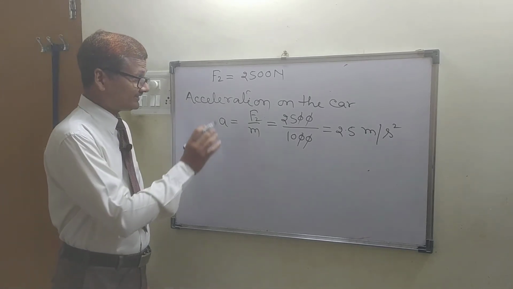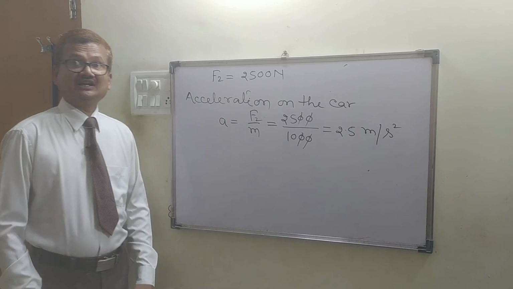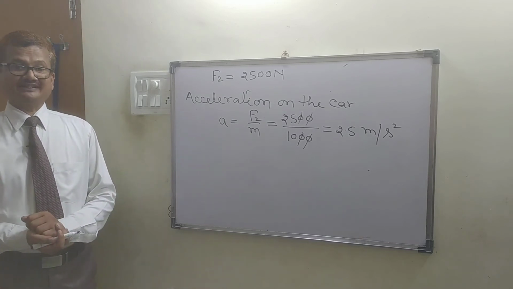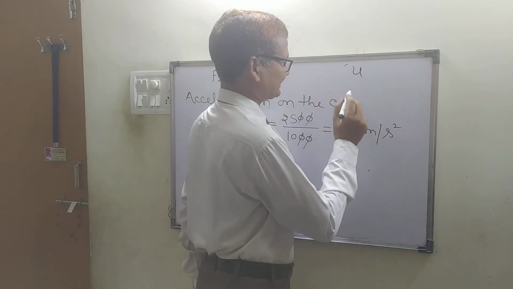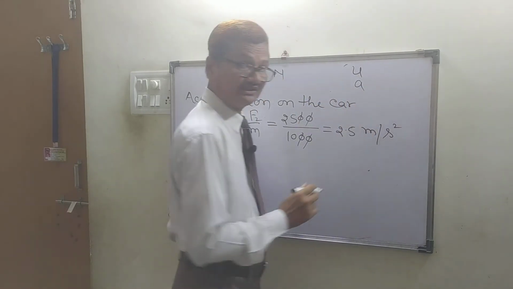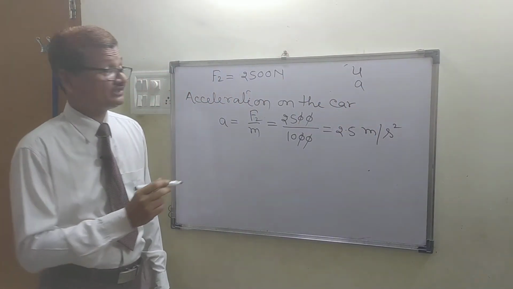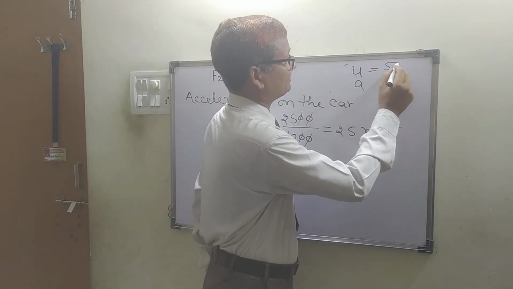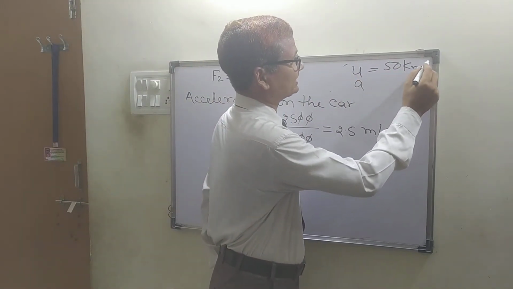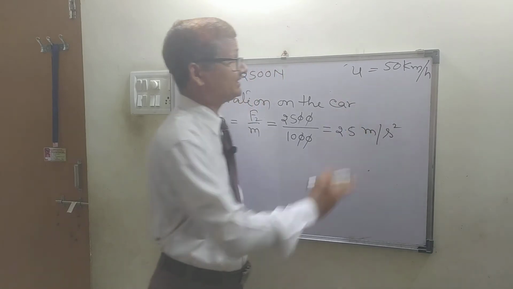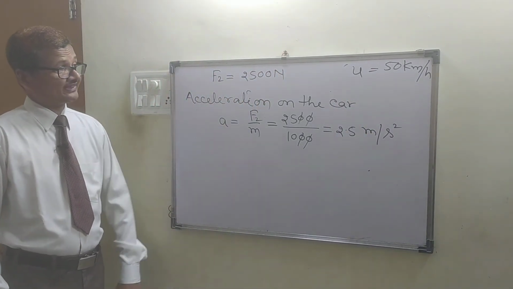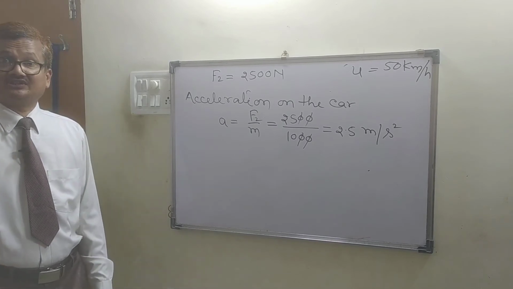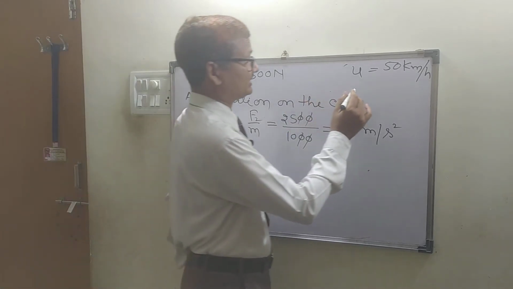So after applying this acceleration, how much distance will be traveled by the car? The initial velocity of the car is known, and the acceleration applied on the car. Initial velocity is 50 kilometer per hour. Because we are using all SI units in this question, we must convert to SI.